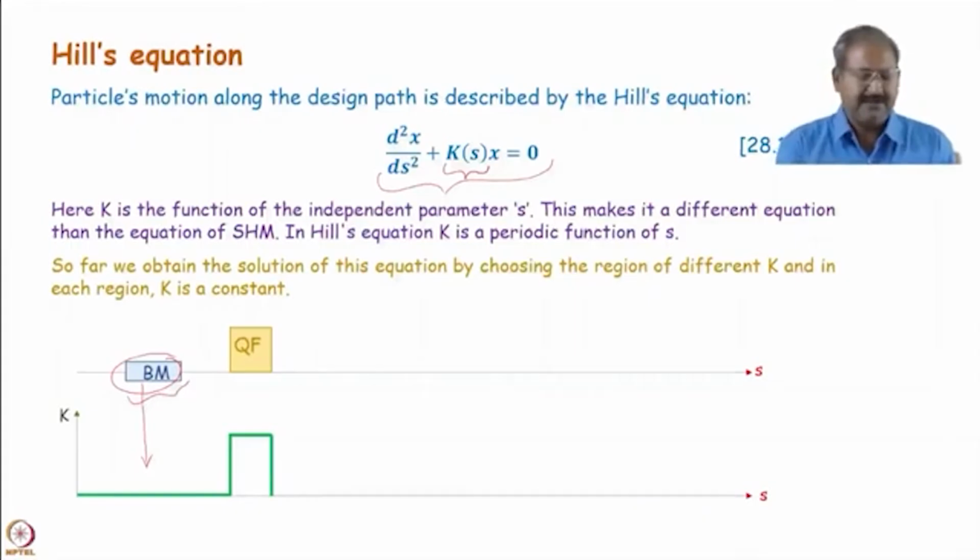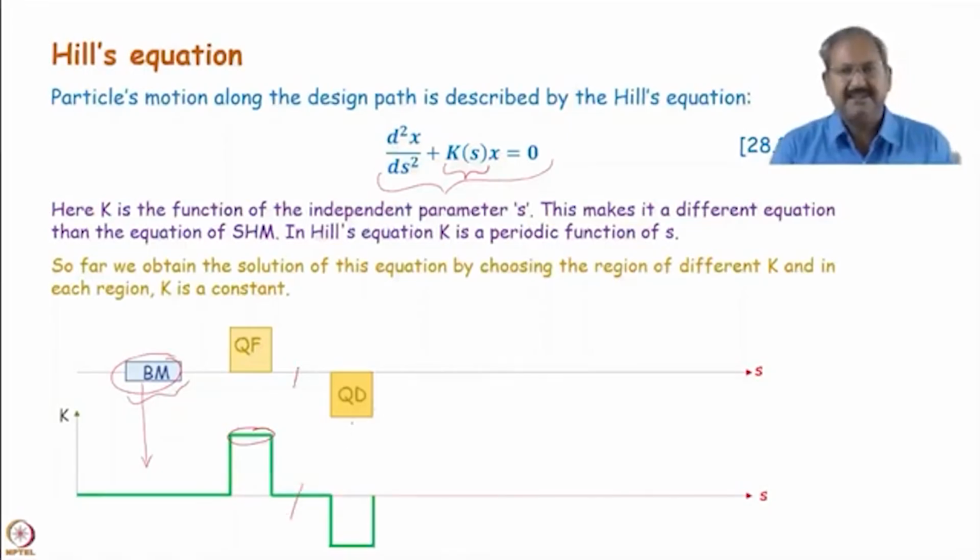Inside this quadrupole, k has a certain constant value. Then again drift, so k will be 0. And then there is a defocusing quadrupole in this example, so k will be plotted on the negative side, and the height of this plot is similar to the magnitude of this defocusing quadrupole strength. Then there is again drift space, so k is 0.